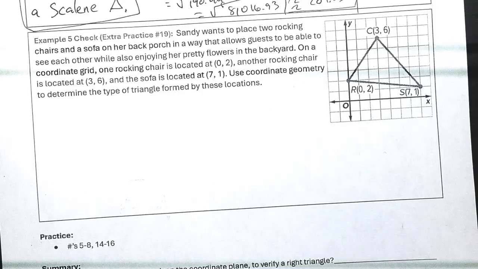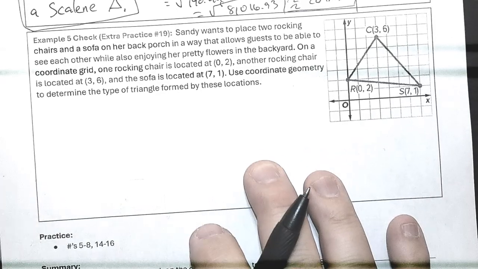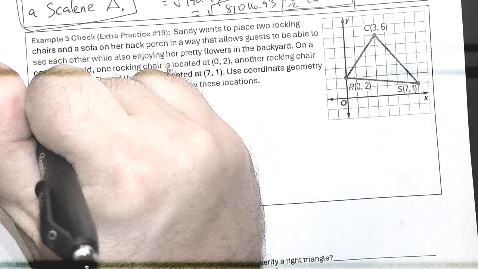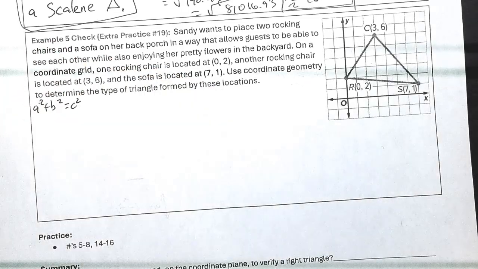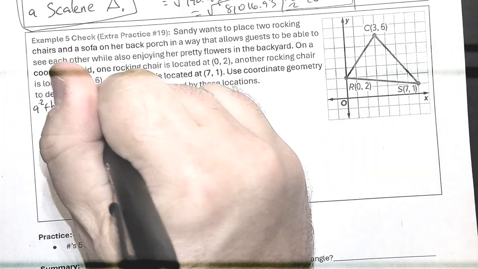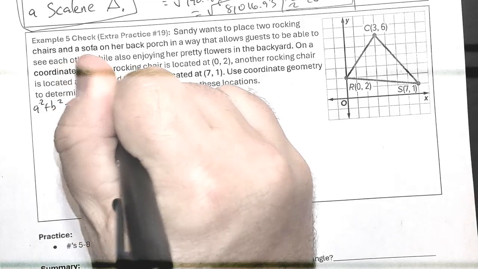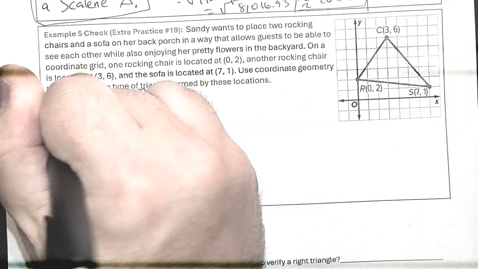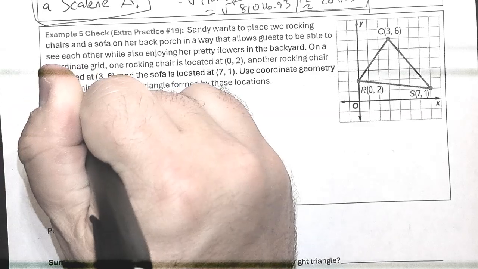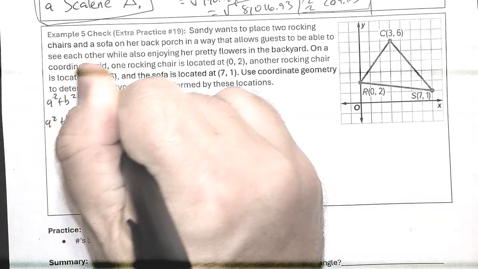I'm going to refer you back for a second because this is not in the notes here. You know that a squared plus b squared equals c squared. That's the Pythagorean Theorem, and it's a right triangle. But what if a squared plus b squared is greater than c squared?